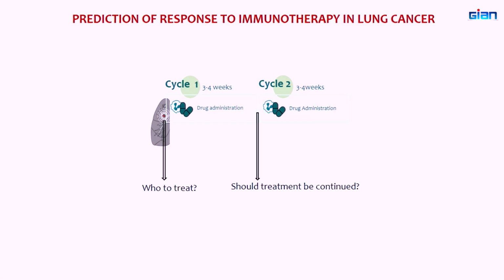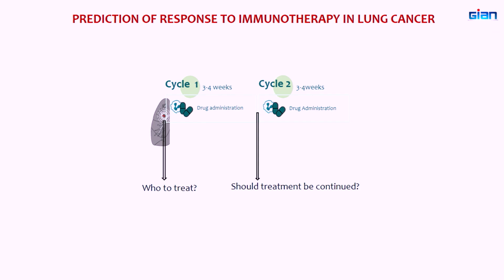Anyways, coming back to the questions, it's not just who to treat. Before treatment, if you can tell whether a patient will respond or not, that's good. But a lot of times the level of response that you see in patients varies. For example, for some patients, as you continue treatment, they will keep getting better and better. This is not a one time drug. You have to give the drug over time, over a few months, like maybe 2-3 doses or something like that.